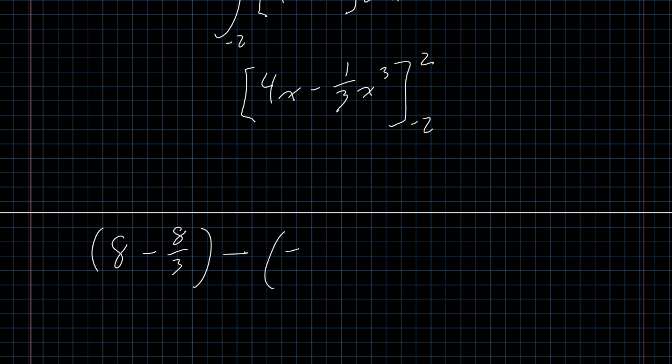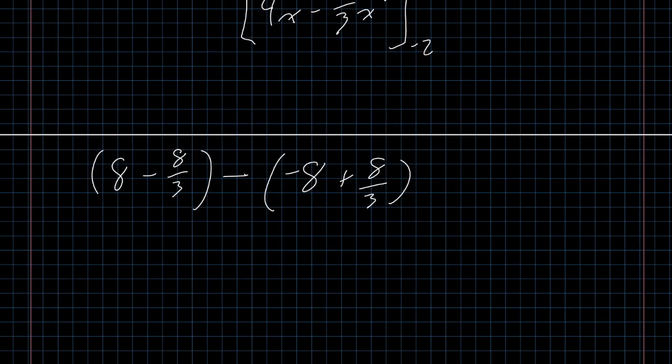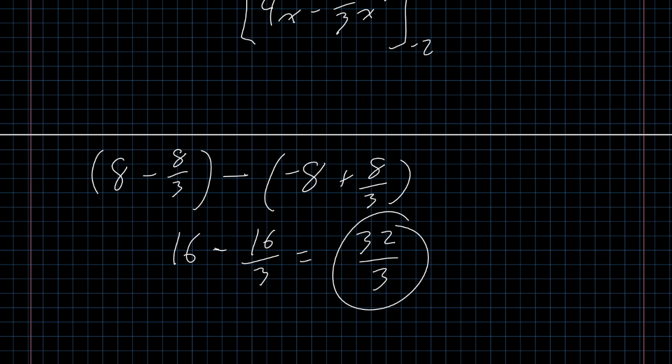And then we've got -8 plus 8/3 when we substitute in the other limit of integration. So I guess this is going to be 16 minus 16/3. All right, well, 16 is the same thing as 48 divided by 3, and 48 minus 16 is 32. So the area between these two particular curves is 32 over 3.